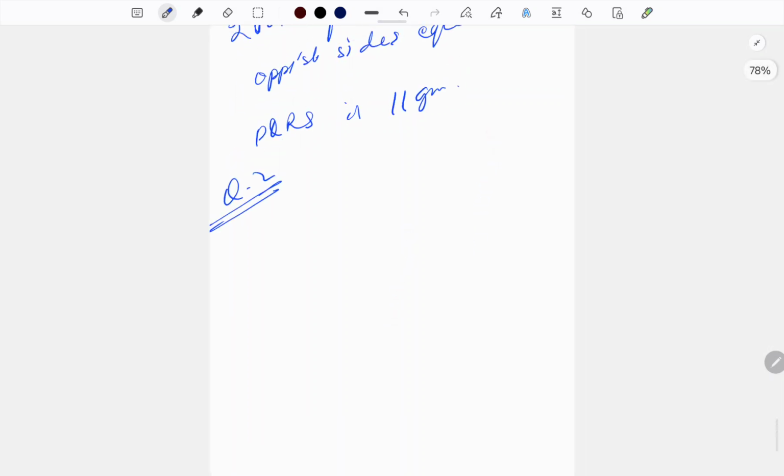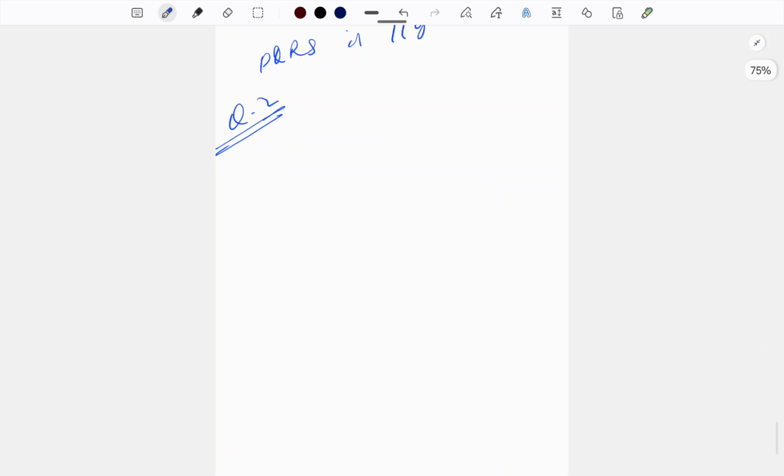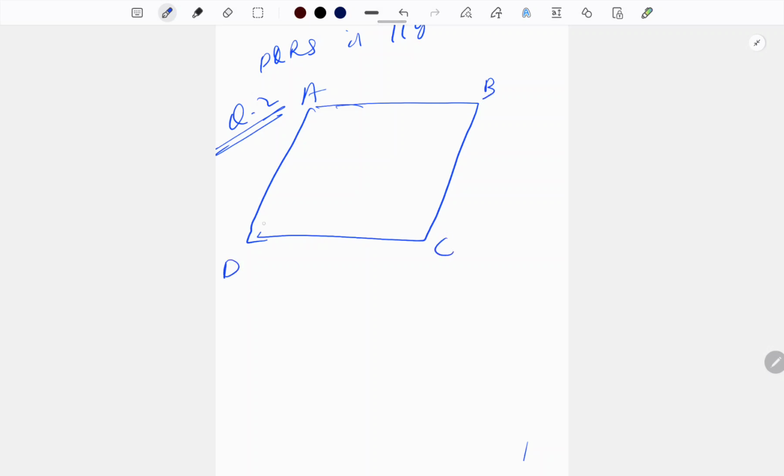Now question number 2. Question number 2 says ABCD is a rhombus and P, Q, R, S are the midpoints of sides AB, BC, CD and DA respectively. Let us draw. ABCD is a rhombus, so a rhombus has all the sides equal and two pairs of parallel sides.